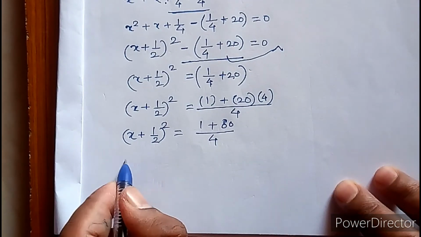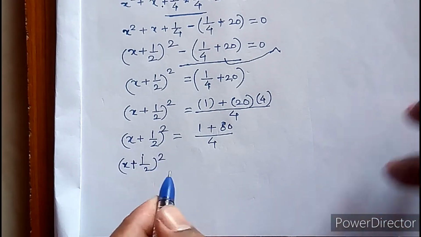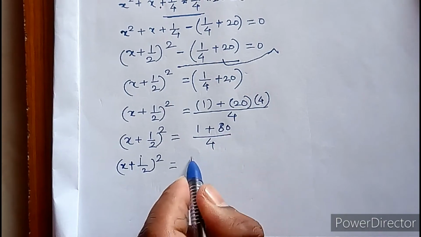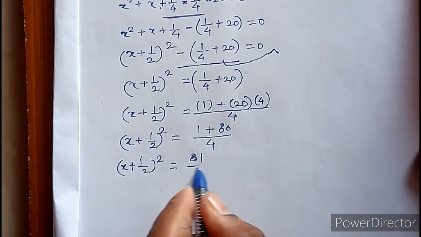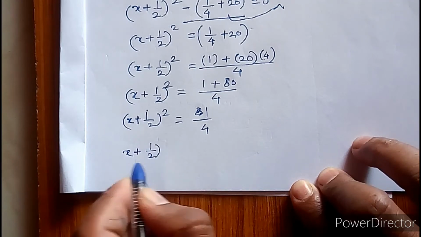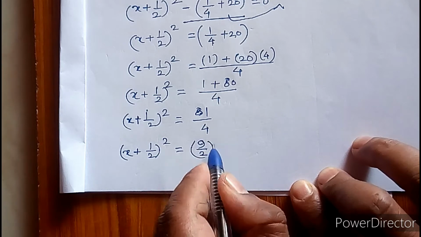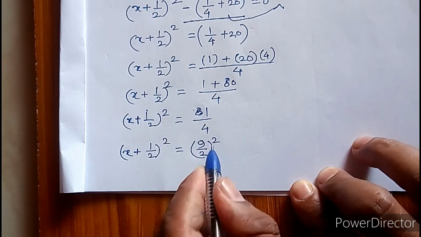Now we get x plus 1 by 2 whole square equals 1 plus 80, that is 81 by 4, which can be written as x plus 1 by 2 whole square equals 9 by 2 whole square, means square of 9 is 81 and square of 2 is 4.